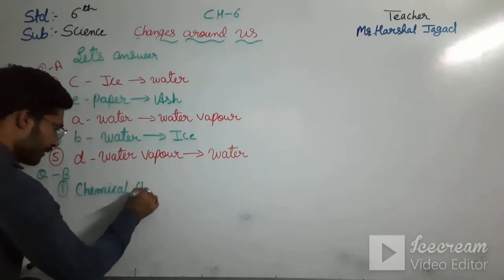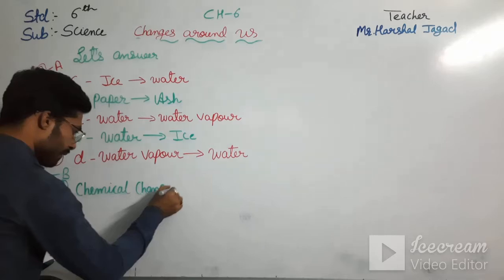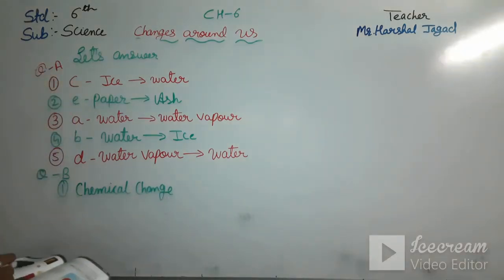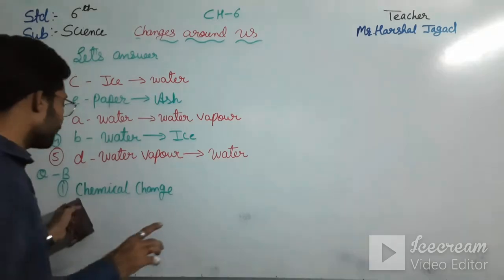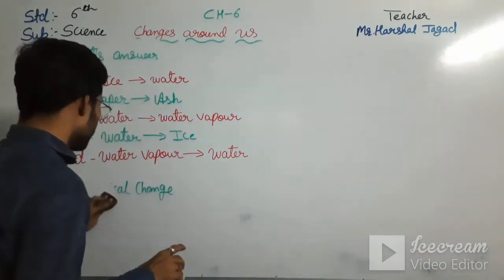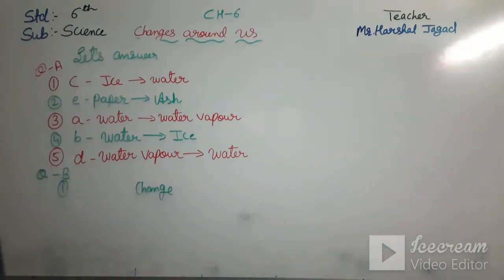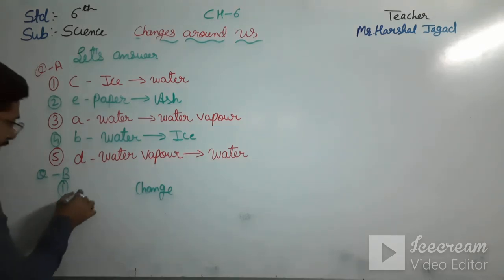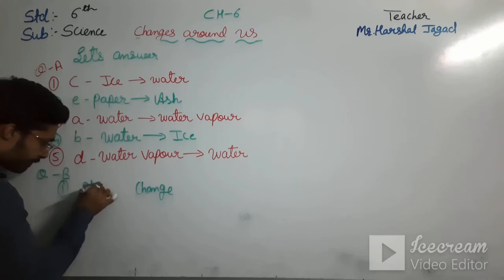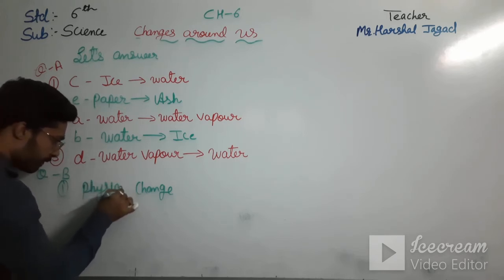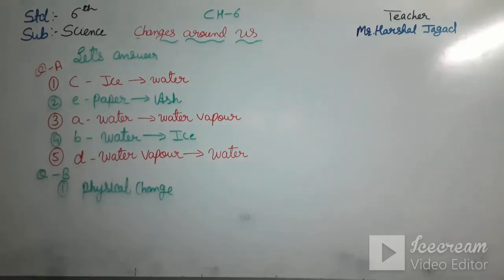Sorry students, here it will be a physical change. Why? Because they have said melting of wax, not the burning of candle wax. So here it will be physical change.